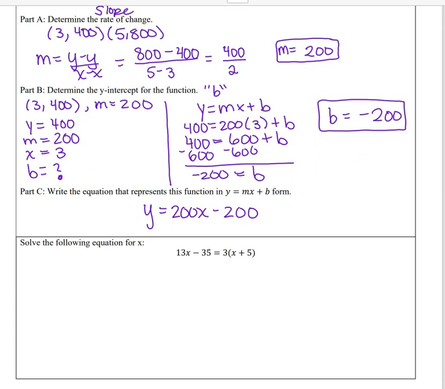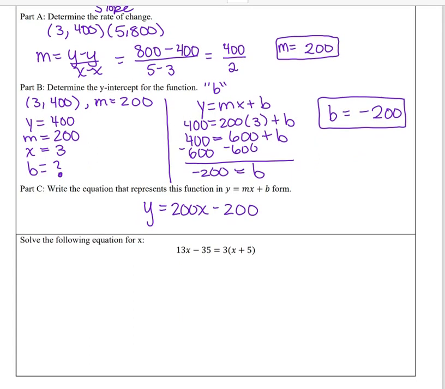For that second question, it says solve the following equation for x. I'm just going to bring down my 13x and 35 on the left-hand side because I can't simplify, but on the right-hand side, I can distribute out the 3. So 3 times x is 3x, 3 times 5 is 15.